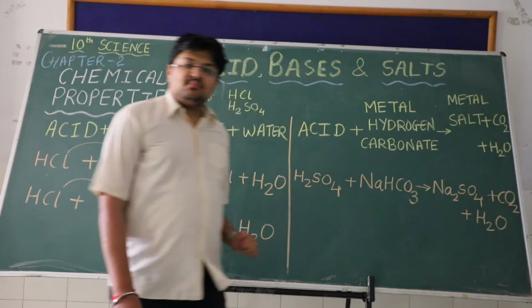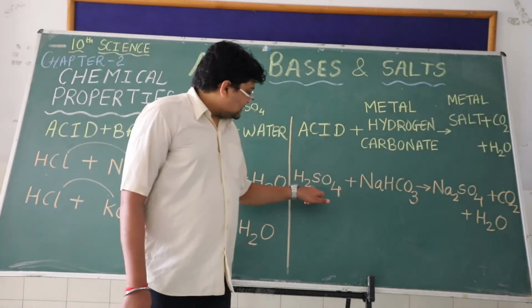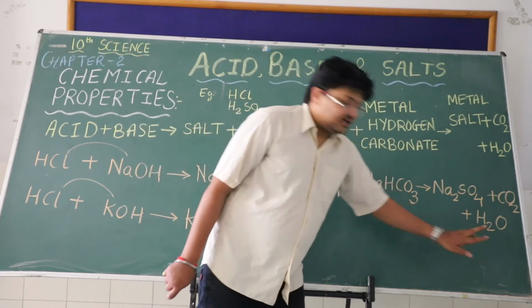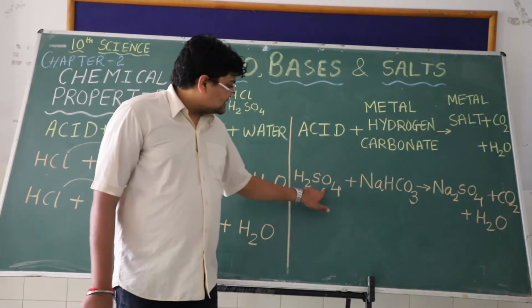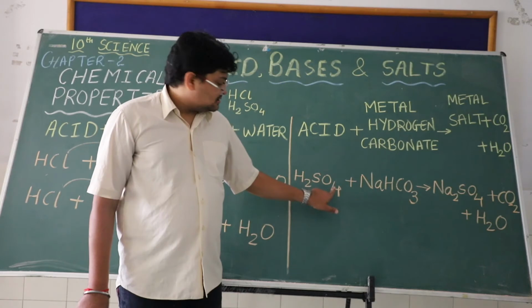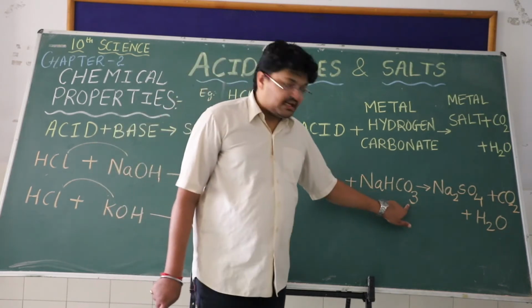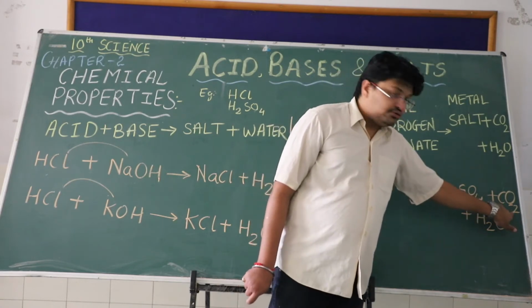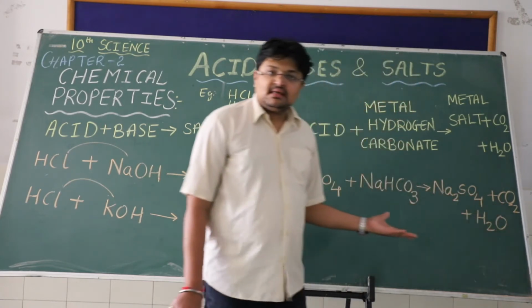Now let us see whether it is balanced or not. Here H2SO4, so here H is 2, here also H is 2, so it is balanced. Oxygen here is 4, and on the other side it is 4 plus 3, 7. On the right hand side, 4 plus 2 plus 1, so 7, it is balanced.